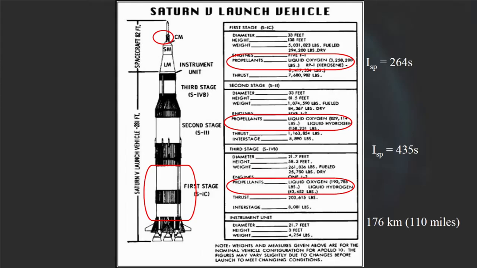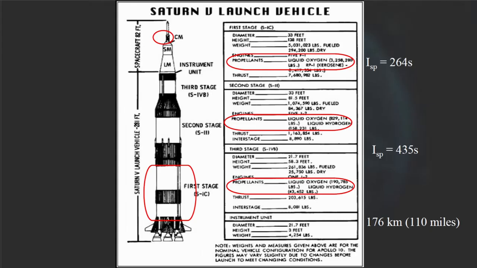The second and third stages utilized liquid hydrogen and liquid oxygen, achieving a higher specific impulse of approximately 435 seconds. Most calculations for launch vehicles like this are performed in the International System of Units, that is SI units.